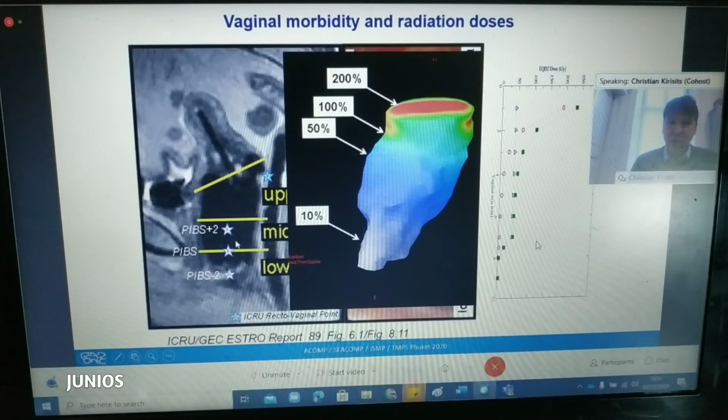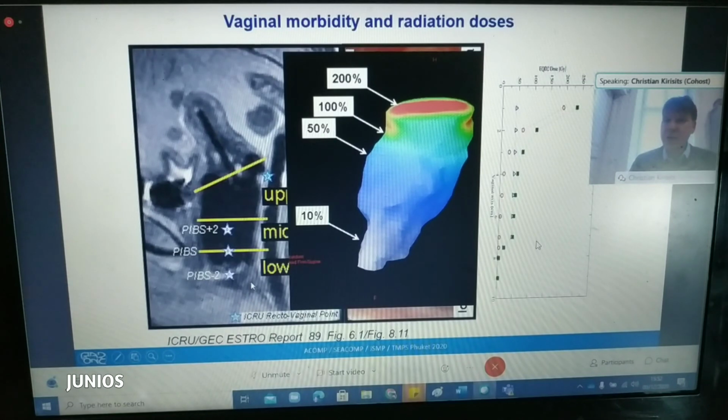So I think these points become important, also this point here, but the points left and right of the ring maybe will not be a recommendation in the future anymore. So the vagina is probably more important for external beam. If you have no vaginal involvement, then there is no need to irradiate the entire vagina with external beam.